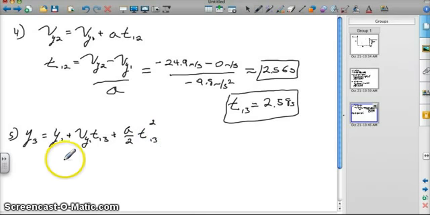Again, we know all of these values except for the initial height, which is y1. So I can solve for that. Y1 is equal to the height, and I'm just doing a little bit of rearranging, subtracting everything to get y1 by itself.